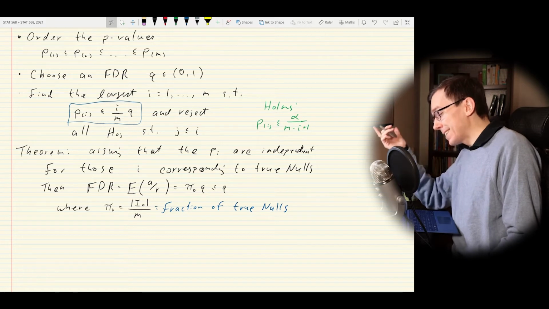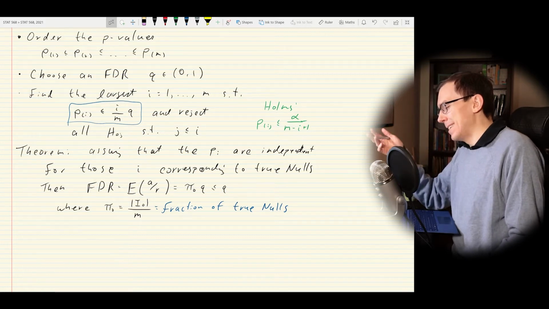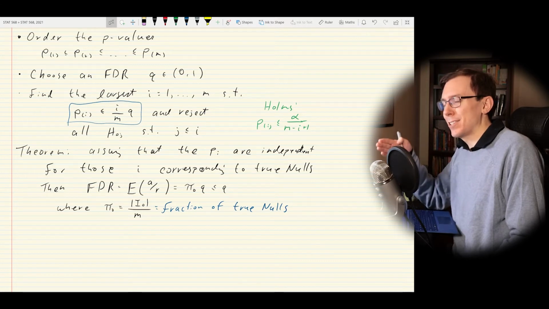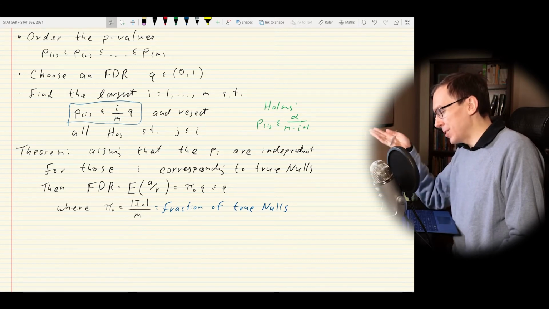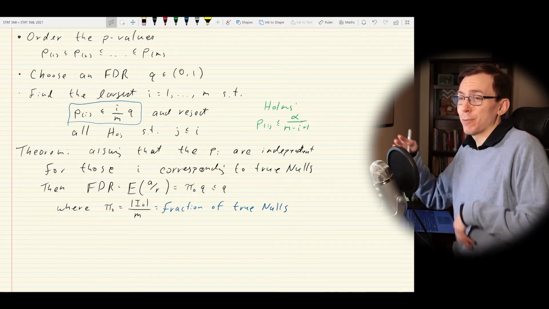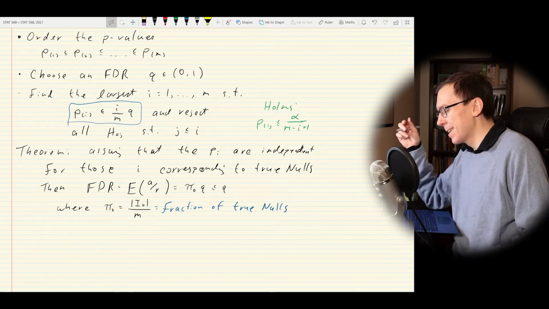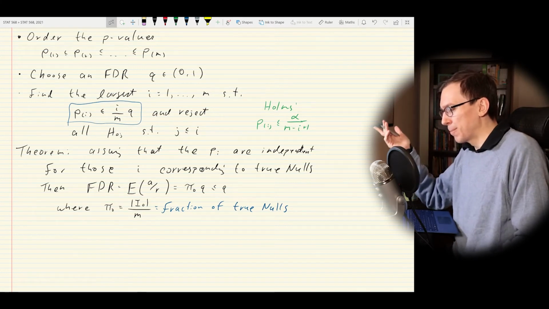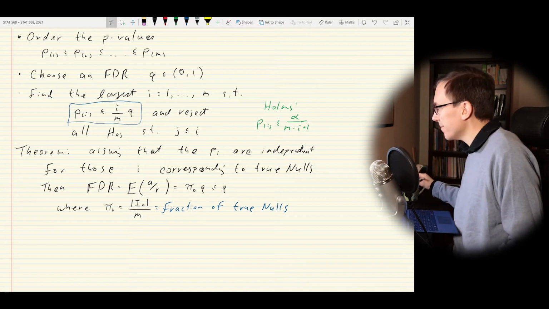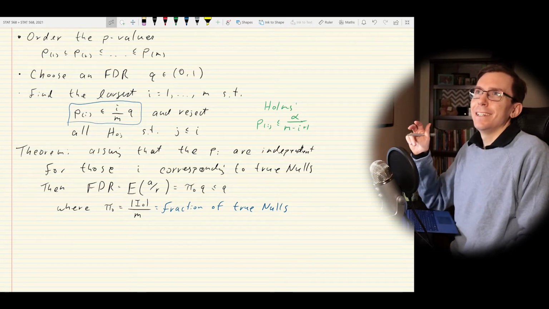And what it means is that the more true null hypotheses among the tests you're running, the more efficient the method is. Whereas if you really are supposed to be rejecting a lot of the hypotheses, then these methods will probably miss some of them. They'll be less efficient in the sense that they will probably fail to reject everything that you want to reject. I think not always, right?